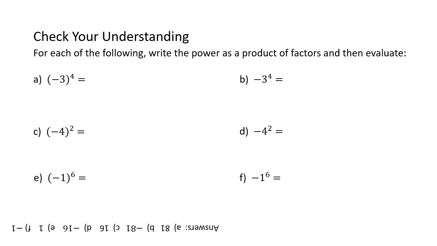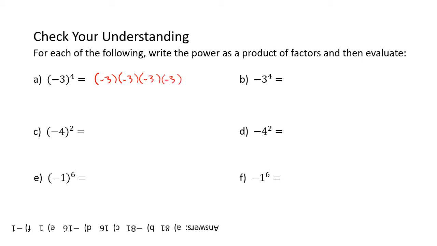So for each of these, we're going to write them out like we've been doing and then evaluate the final answer. So for A, we have negative 3, again, all in brackets to the exponent 4, which means negative 3 is the base. So we have negative 3 multiplied out 4 times.